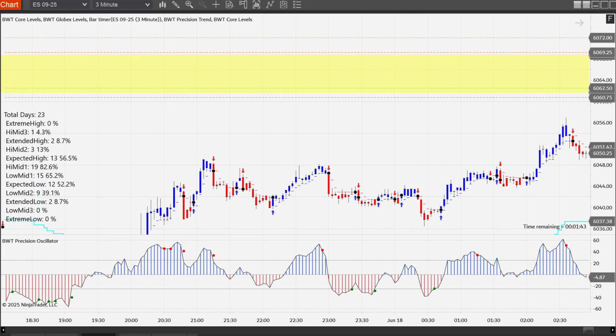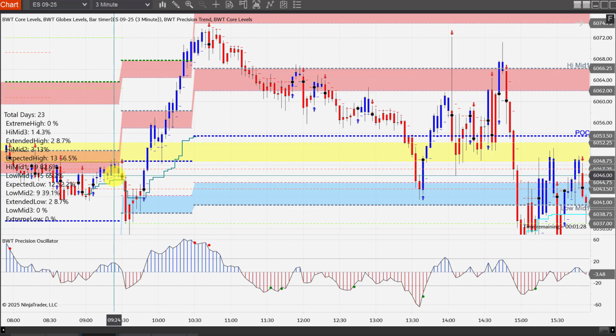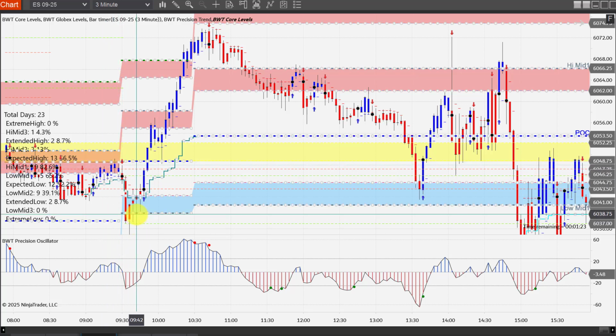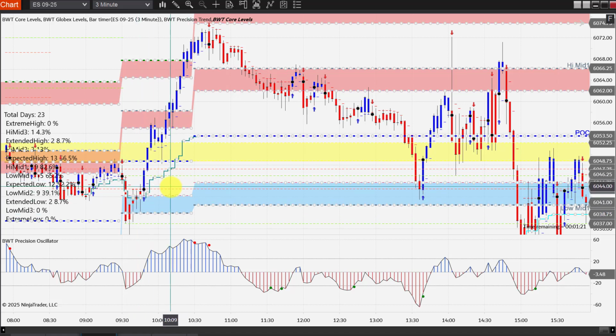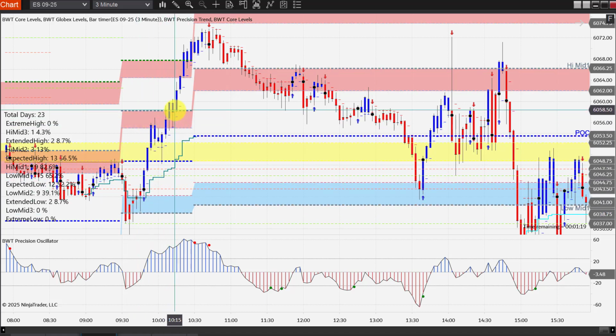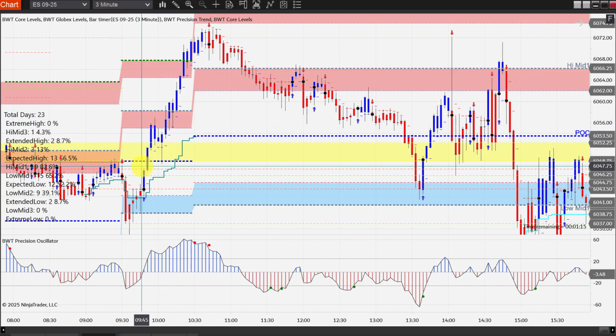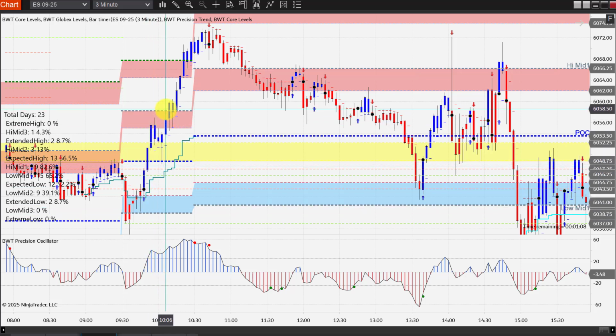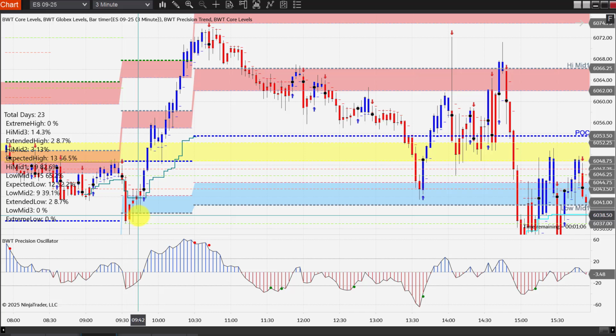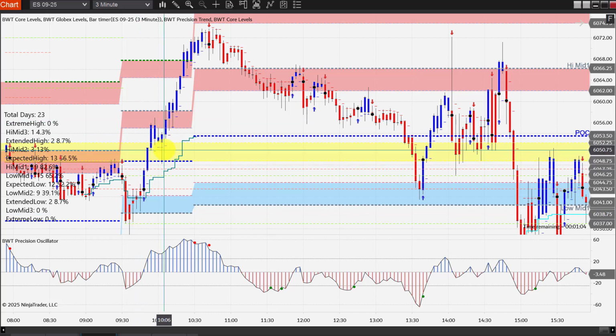Now if I go back 90 days, this is what it looks like. Before I show you 90 days, so here's your open down to low mid 1 on the downside, and then all the way up to high mid 1 on the upside, which is right here. So these bread and butter trades are basically from the POC down to the midpoint, or low midpoint to high midpoint.